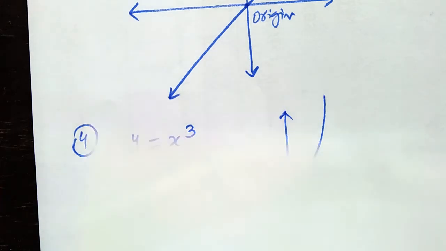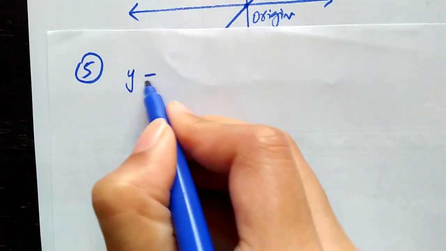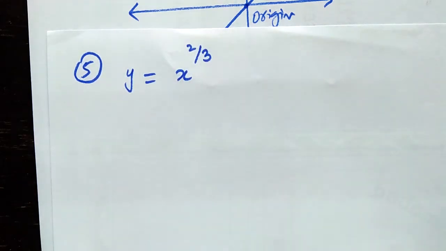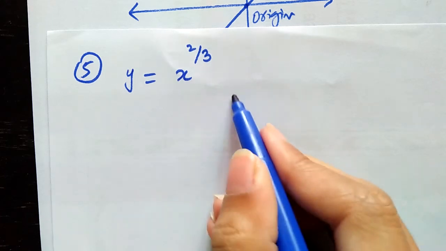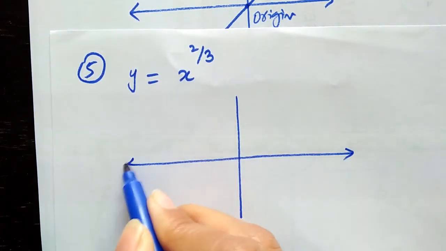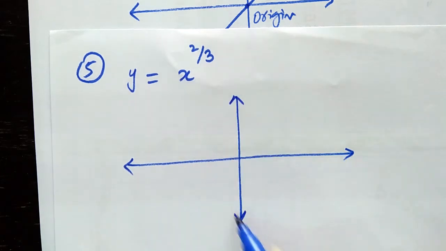Now, example number 5. Y equals x raised to power 2 over 3. Its graph will be, since this is an even function, symmetric about the y-axis.